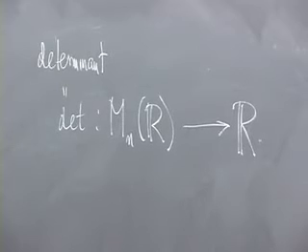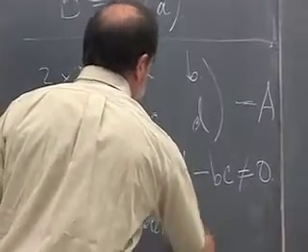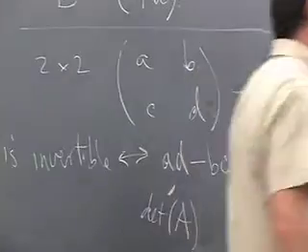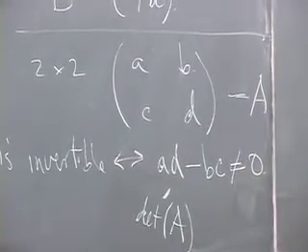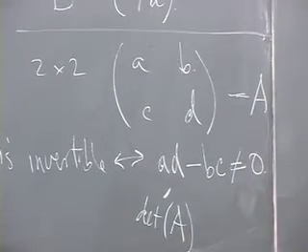And the determinant of a matrix is a polynomial in its entries. It's a polynomial of degree n in its entries. So for example, this is the determinant of the 2 by 2 matrix A. And you probably know the formula for the determinant of a 3 by 3 matrix, or even generally the formula for the determinant of an n by n matrix.